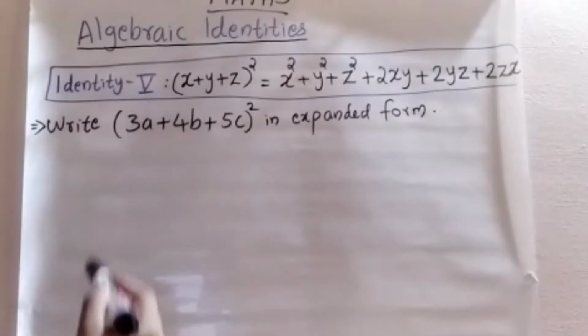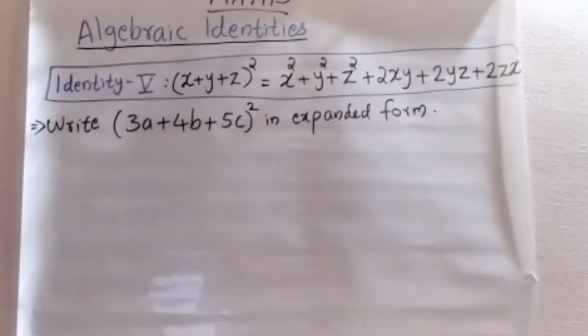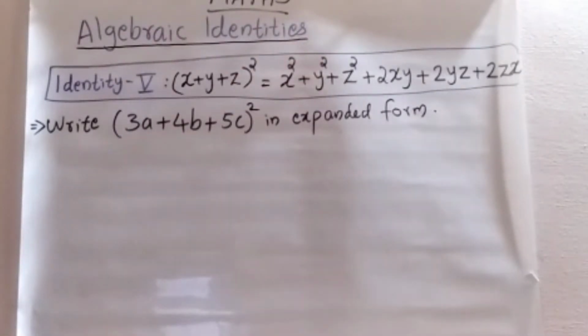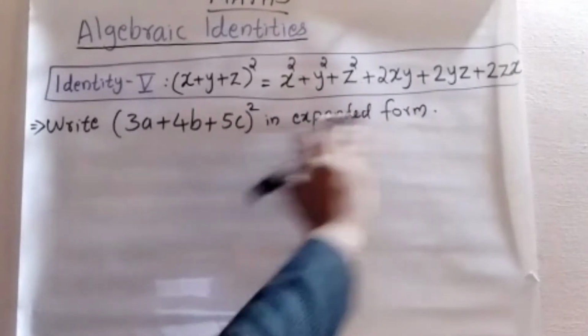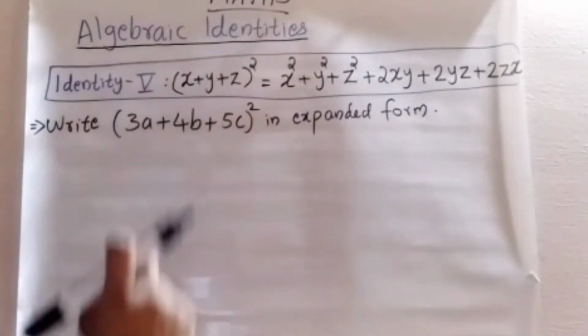Okay, let's go to our first question. Write (3a + 4b + 5c) whole square in expanded form. That means we need to find the RHS, the expanded form, by comparing this question with our identity 5.